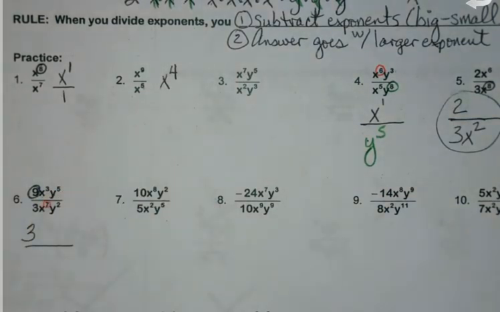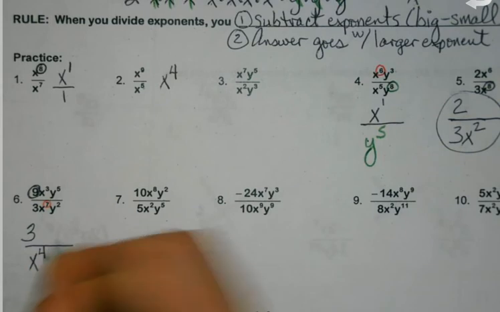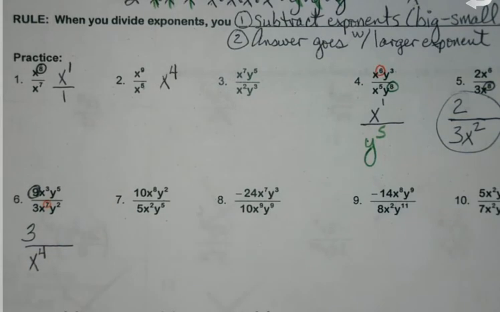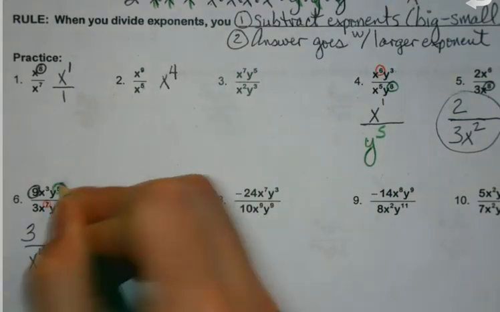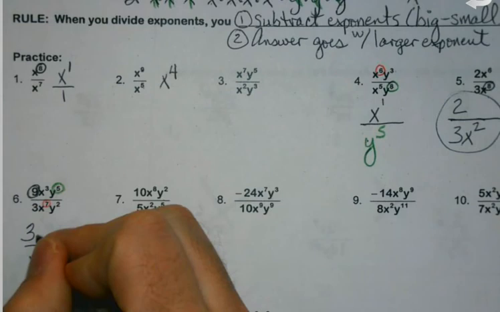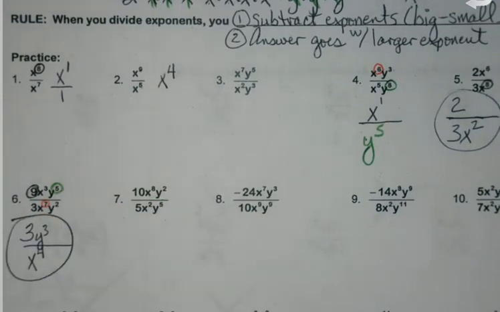So I know my answer is going to end up there. So what's 7 minus 3? 4. So bottom x to the 4th. What about my y's? Where's the bigger number? Top. 5 minus 2? 3. And I'm good to go.